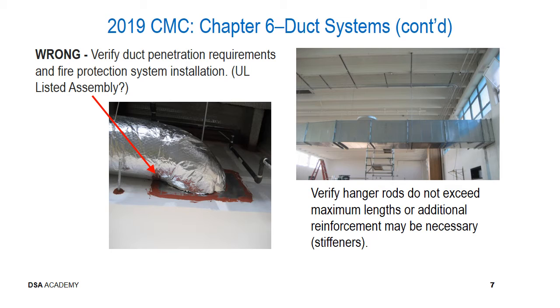Again, all of this information is going to be included in the plans, and if it's not, it is certainly appropriate to start asking some questions, either of the district structural engineer or the design professionals on the job itself.